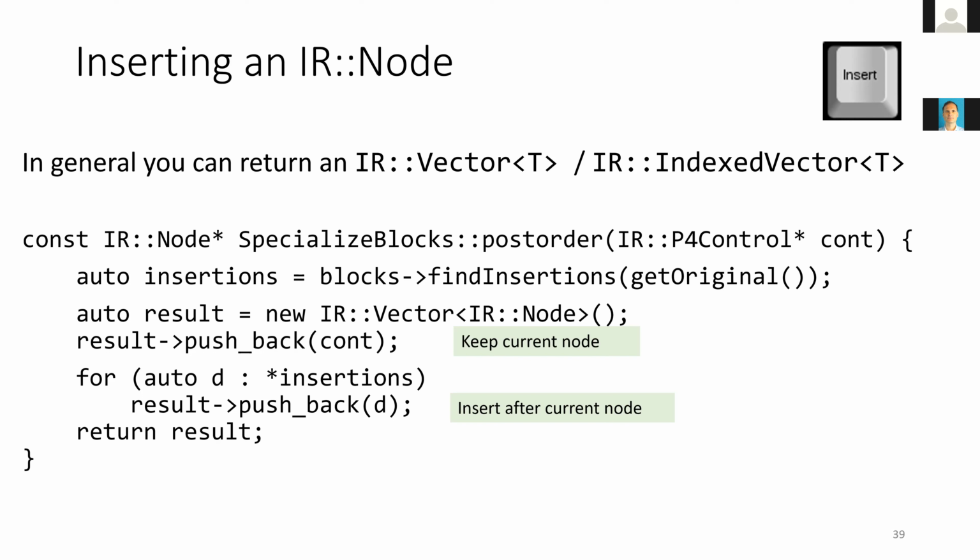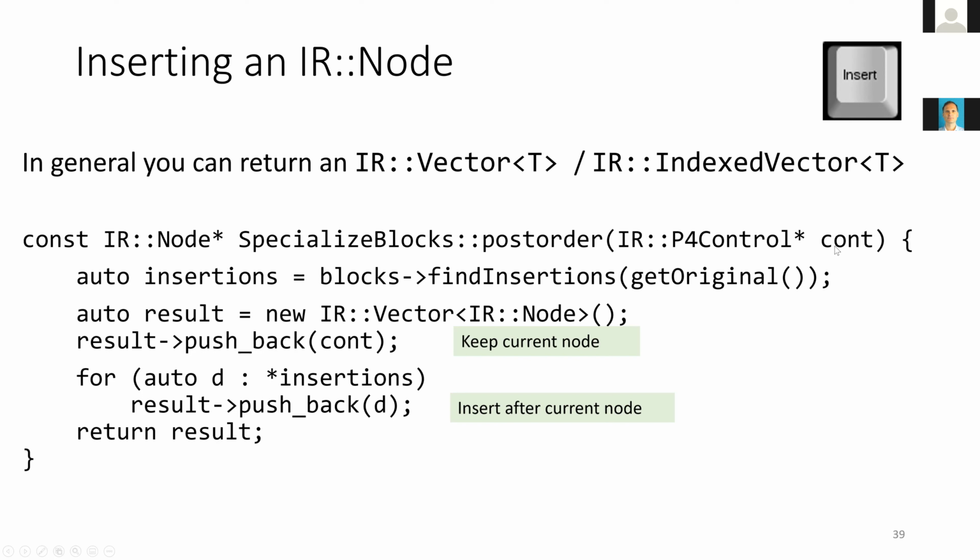And the way you do that is instead of returning an object of the same type, for example, when you process a control, you expect to return a control, you can actually return a vector. And in this example, I'm inserting a new node next to the existing one. So for example, I have a method which says what should be inserted. This find insertions method, I'm not showing you the body of it, will return you all the objects that have to be inserted prior to this particular control.